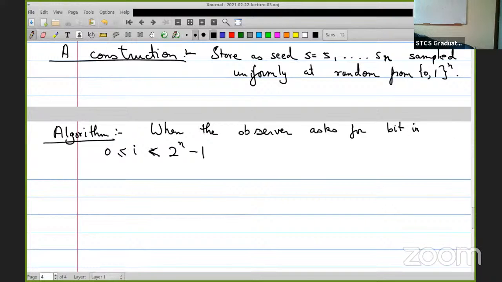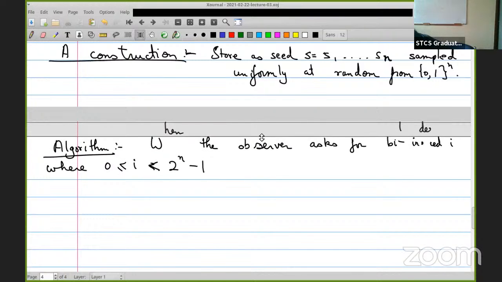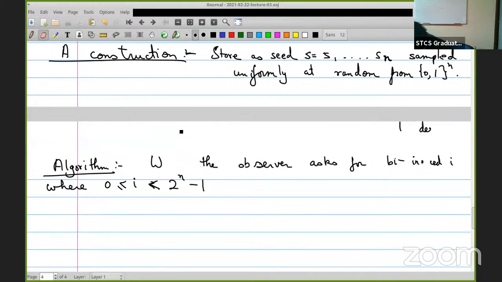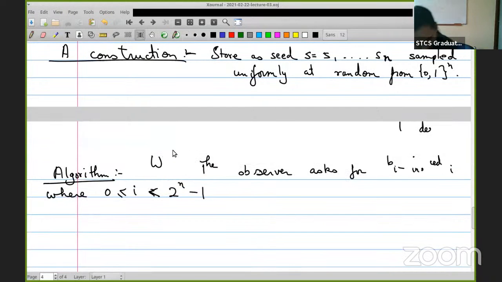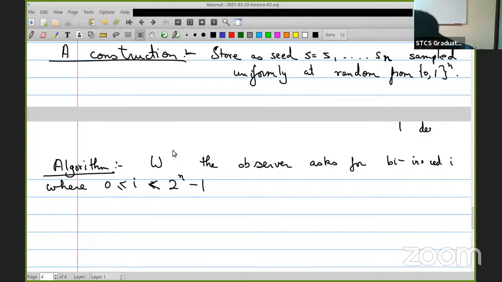Bit indexed, I, where, okay, again this would be the algorithm.